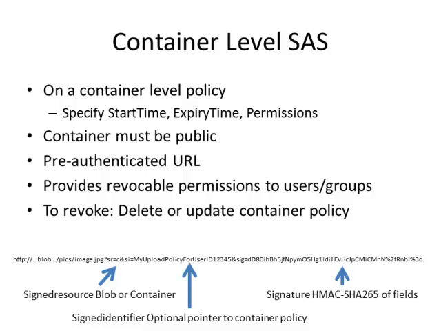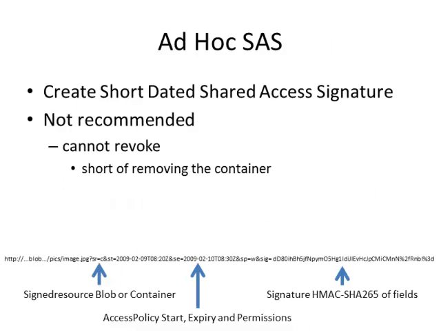So if, for example, I want to just give somebody access to upload their own photo, I give them this and I say, yes, you can upload for this period of time. Once you're done, I can then revoke your permissions and you can't upload again. On an ad hoc one, it's very similar, but all of the parameters are basically stored on the URL line itself.